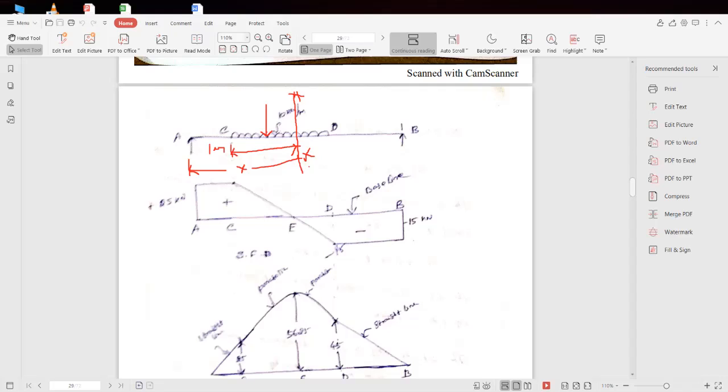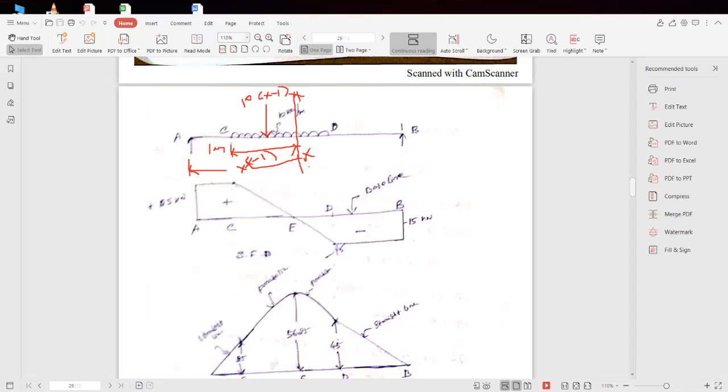Therefore this distance is x minus 1, right? So this is acting 10 into x minus 1. Therefore, this point load will be 10 into x minus 1.